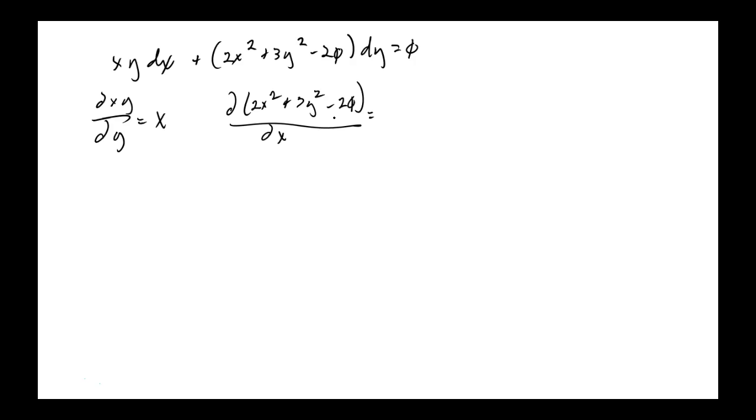You treat the y's like they're a constant when you're taking the partial with respect to x, just like here we treated the x as if it's a constant when we took the derivatives with respect to y. So this goes to 0, that goes to 0. What's the partial of 2x squared with respect to x? 4x. They're not equal.